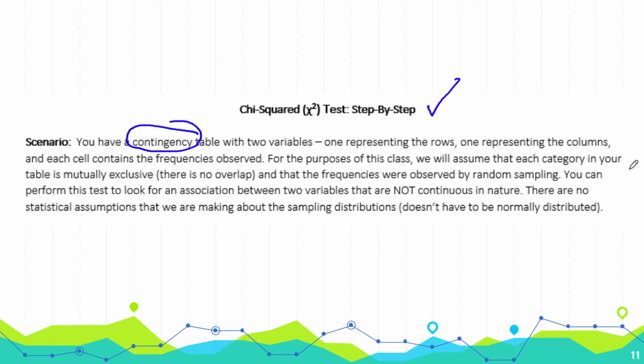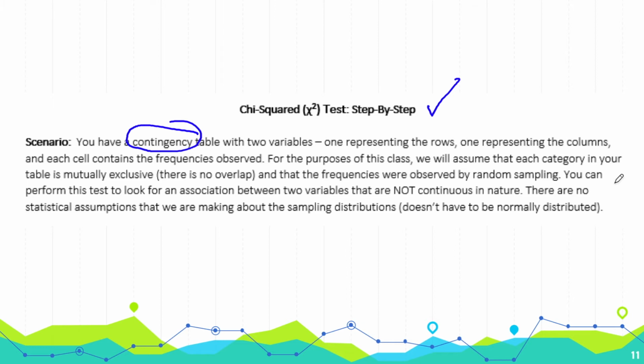For the purposes of this class, we will assume that each category in your table is mutually exclusive, that there is no overlap. In other words, each person or item in your data set could only pick one of the columns and one of the rows to belong in. We're going to also assume that the frequencies were observed by random sampling.